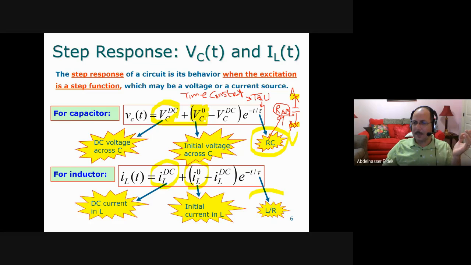The time constant here equals L divided by R. L is the inductance, and R is the resistance between the two terminals of the inductor.